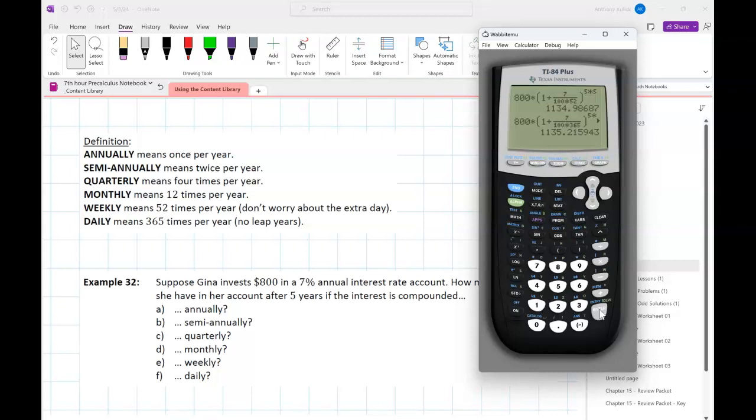You can muck around with how many compounds you get per year. It's still 7% interest. Is it better to do daily than weekly? Sure. But I'd rather have an extra percentage point of interest than compounding daily.